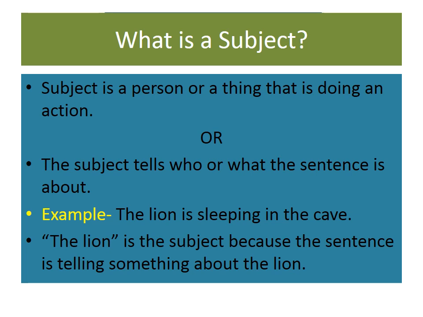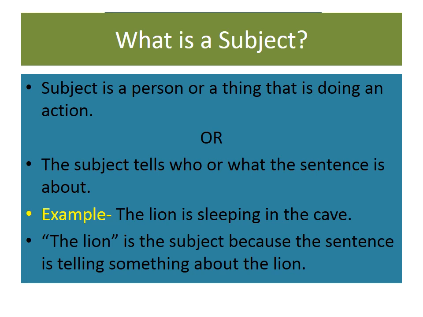Children, subject in a sentence is the person or the thing that is doing an action. We can say the subject in the sentence is the person or the thing that can be called a doer. Another definition is the subject tells who or what the sentence is about.